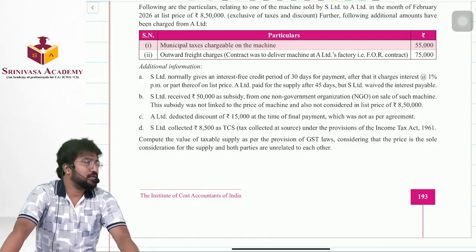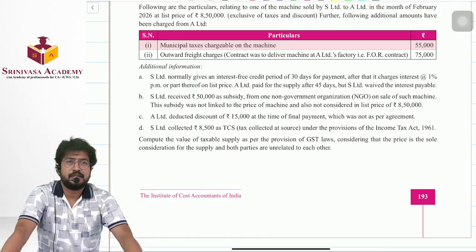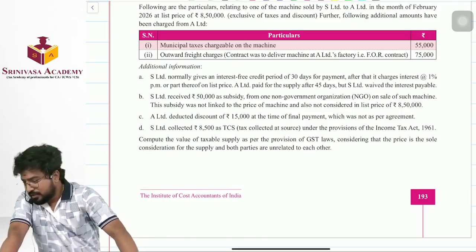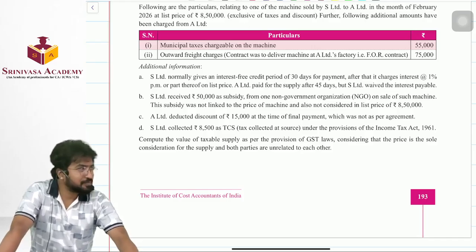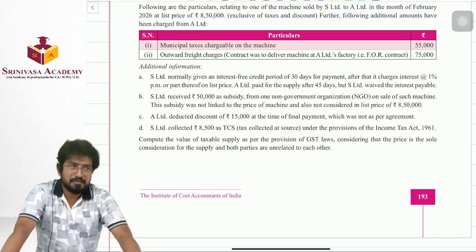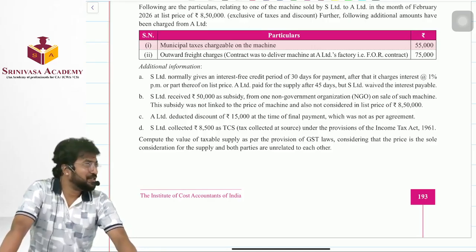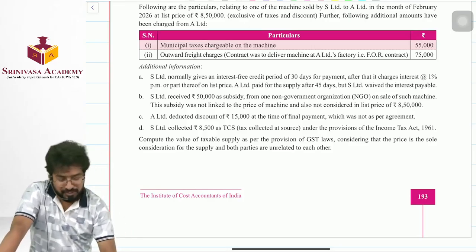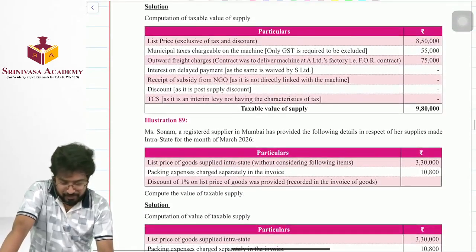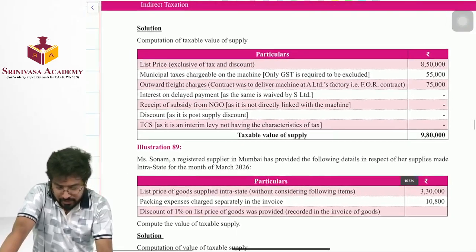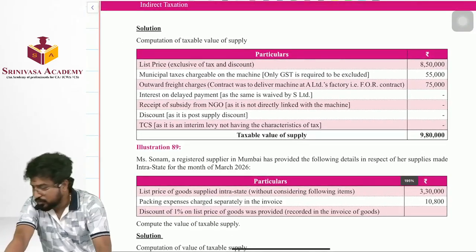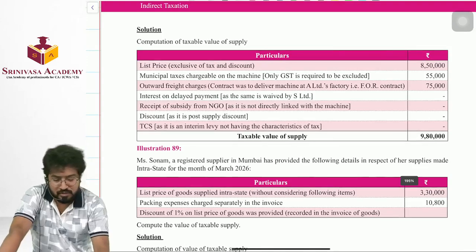What is your answer? Offline fellows? 9 lakh? 880. Did you do this by looking at the answer? How did you? No? Okay, right. Fine. Very good. Correct answer. Right. Let us move on to the next one. Clear? Any doubts in this? Anybody having any doubts?